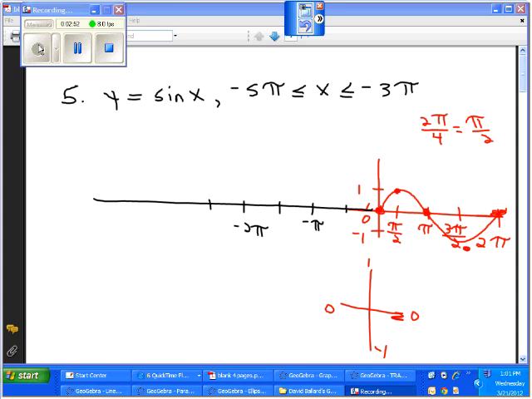And then we would have negative 5 pi over 2. I missed the mark. And then we would have negative 3 pi. And then we would have negative 7 pi over 2. And then we'd have negative 4 pi. And then we would have negative 9 pi over 2. And then we would have negative 5 pi.